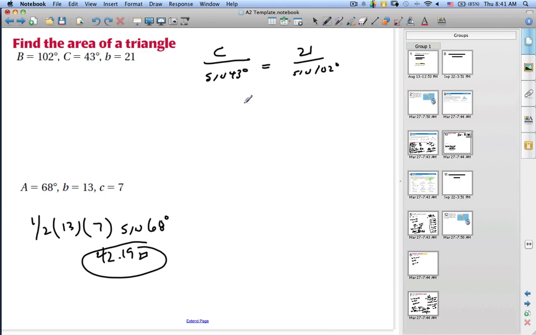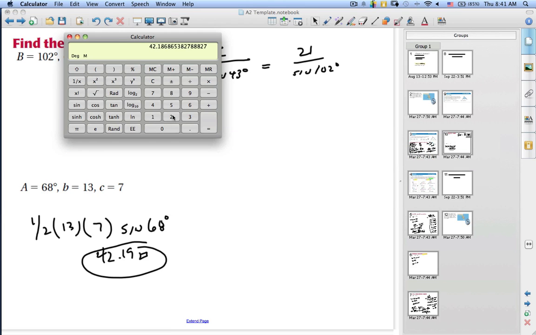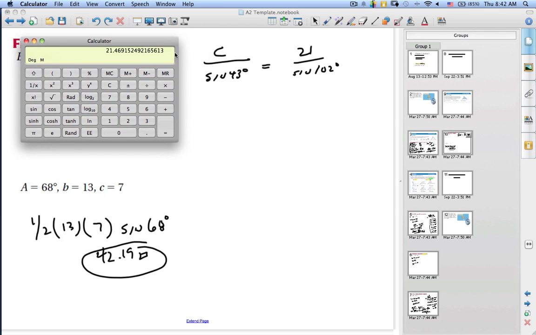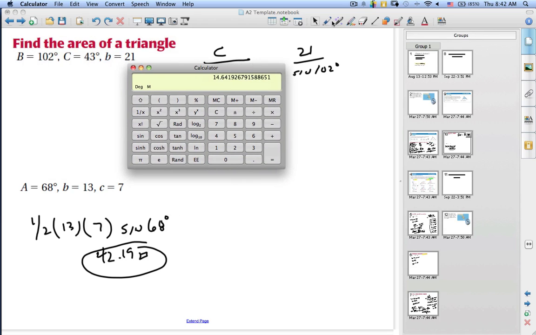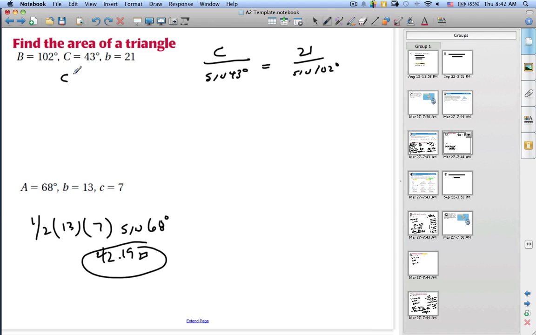So with my calculator, I have 21 divided by the sine of 102, and I multiply that times the sine of 43, and that gives me 14.64 as side C.